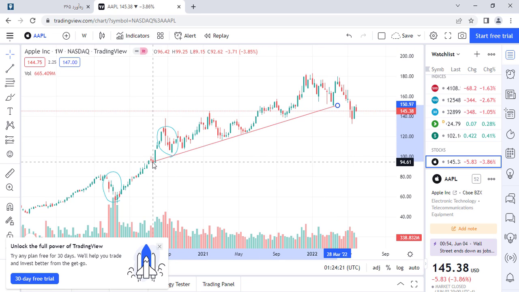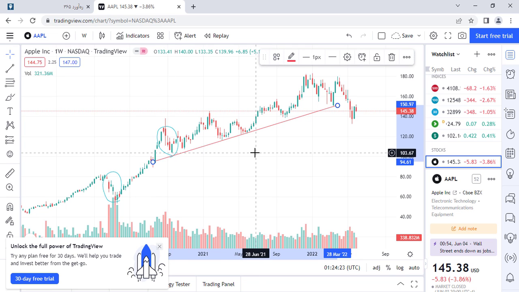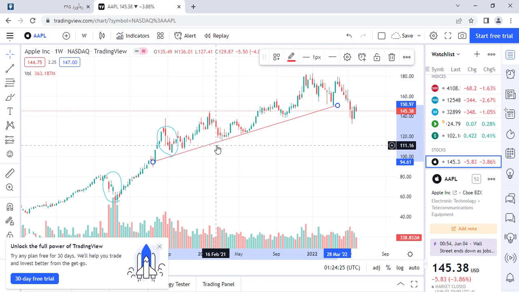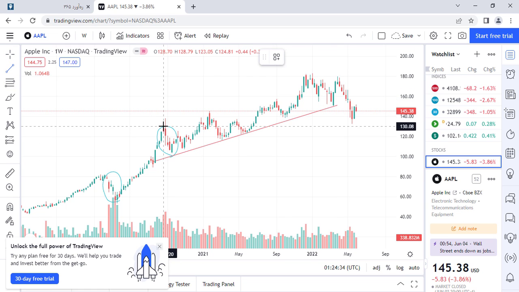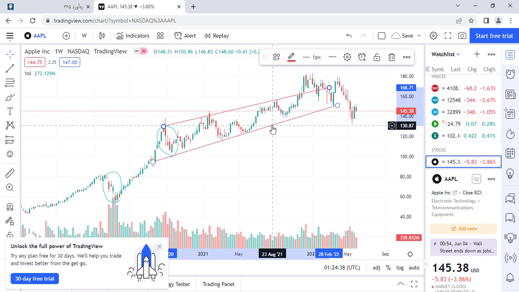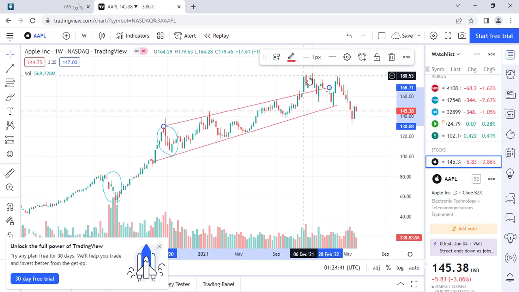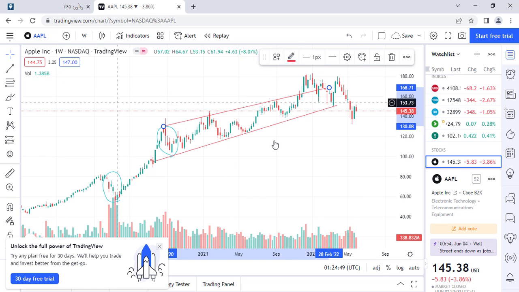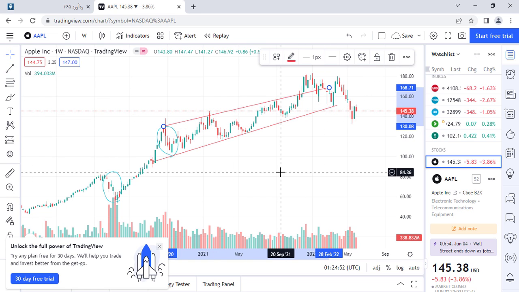The support line has had a good reaction 7 times, but the resistance line doesn't work as well as the support line. It has broken once more, it has broken, and it started a downward trend here.